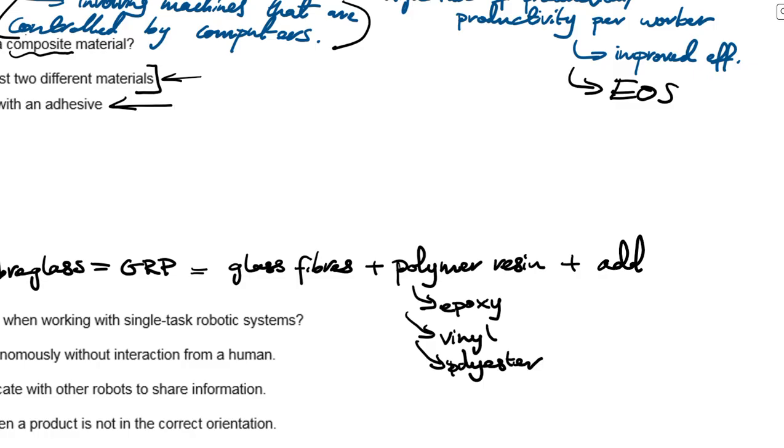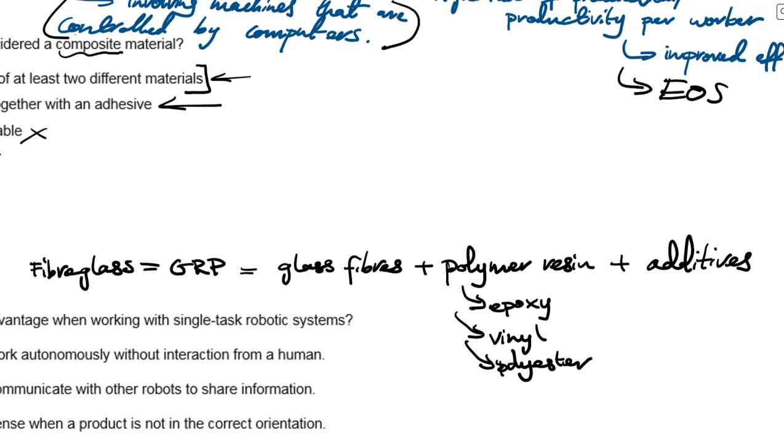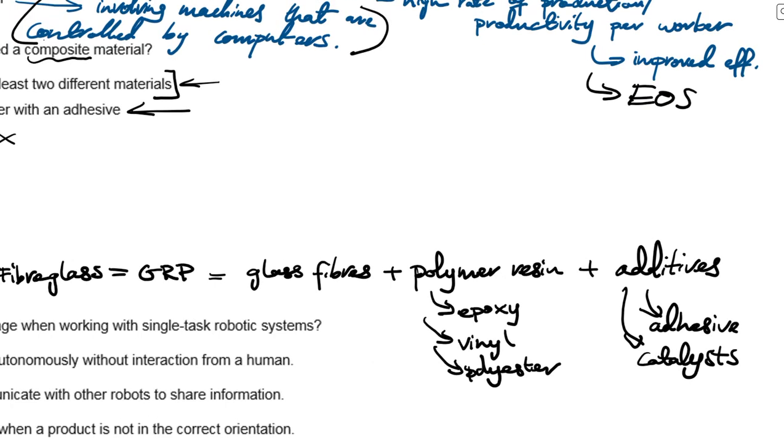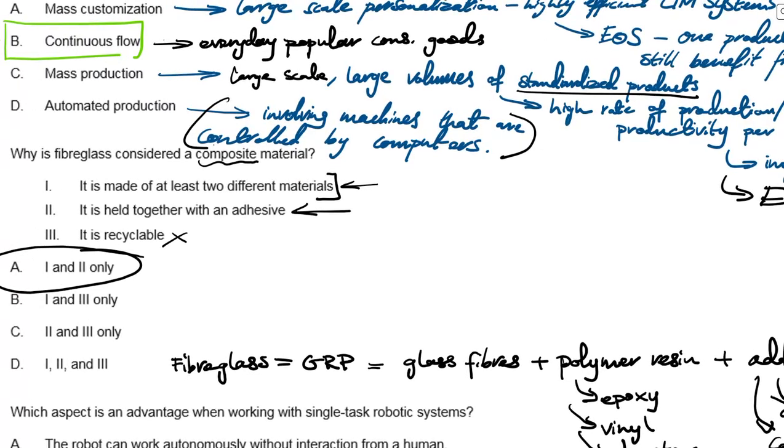So additives, and sometimes that can just be some kind of glue or some adhesive, or things like catalysts when we're talking about chemical reactions. And so that is what we mean by fiberglass.